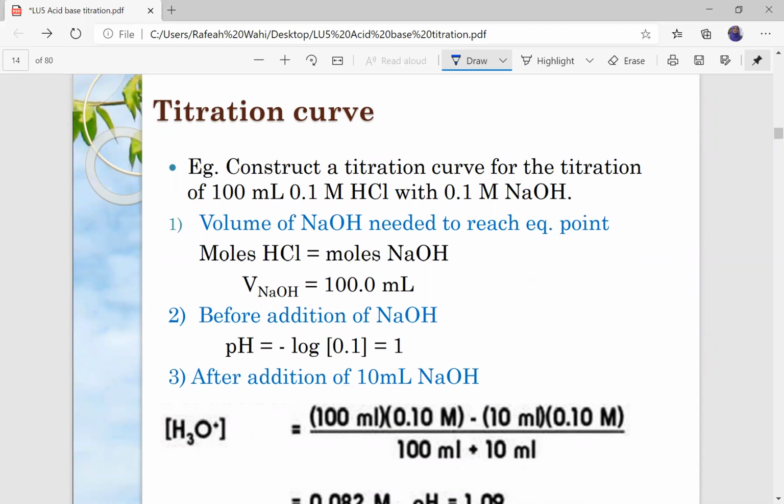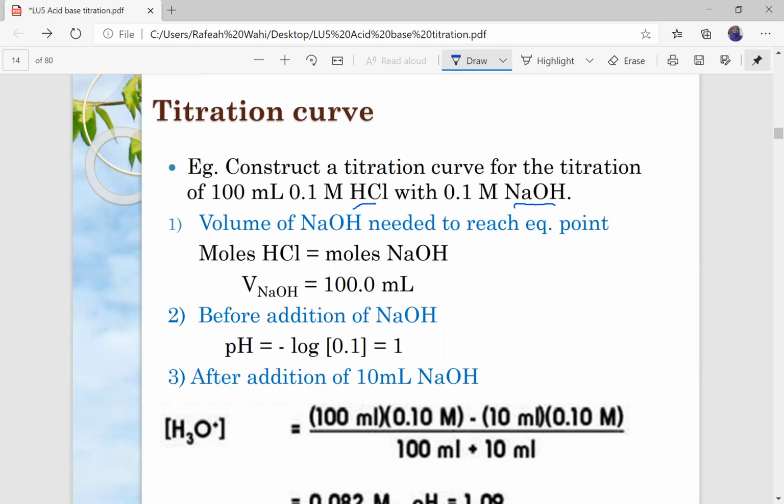All right. Let's go back to the example. Construct a titration curve for the titration of 100 ml of 0.1 molar hydrochloric acid with 0.1 molar sodium hydroxide. So we know that hydrochloric acid is a strong acid, and we know that NaOH is a strong base.